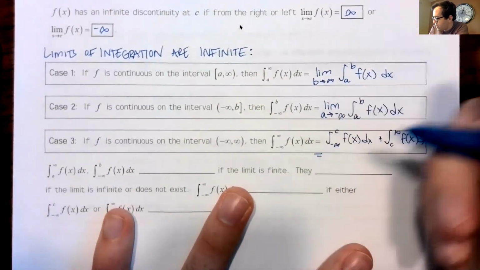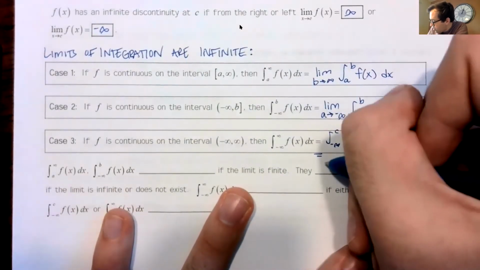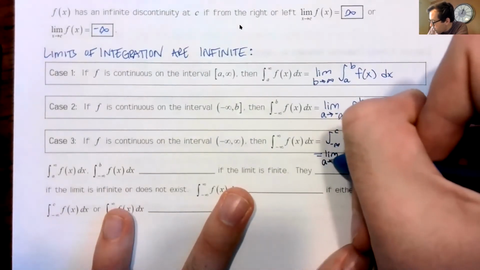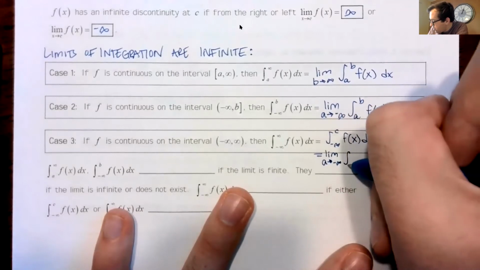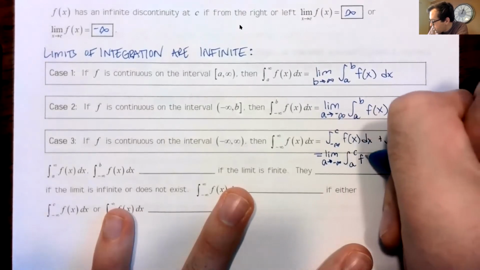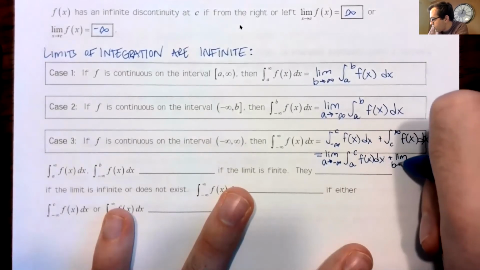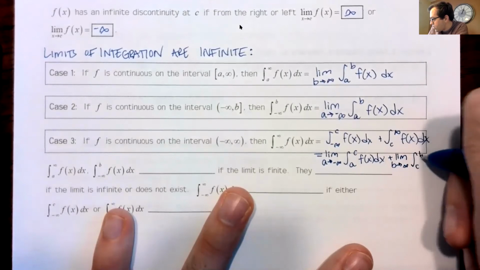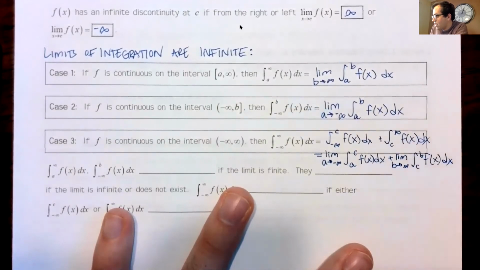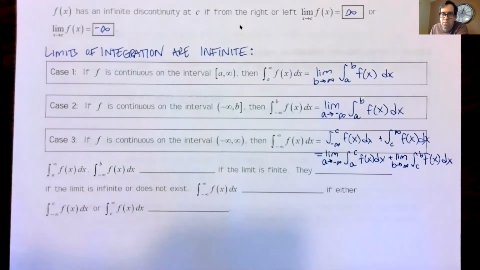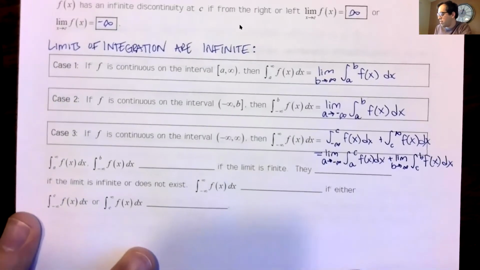So we're going to have to rewrite this as the limit as a approaches negative infinity from a to c, plus the limit as b approaches positive infinity from c to b. And c is going to be some constant in between, so we can pick what c is. It's pretty common to pick 0. We just have to split it, we can't evaluate the entire limit at once, okay? It'll make sense what that means once we do some practice problems.